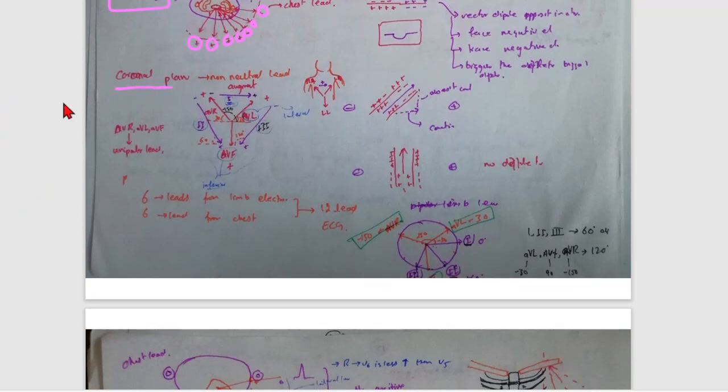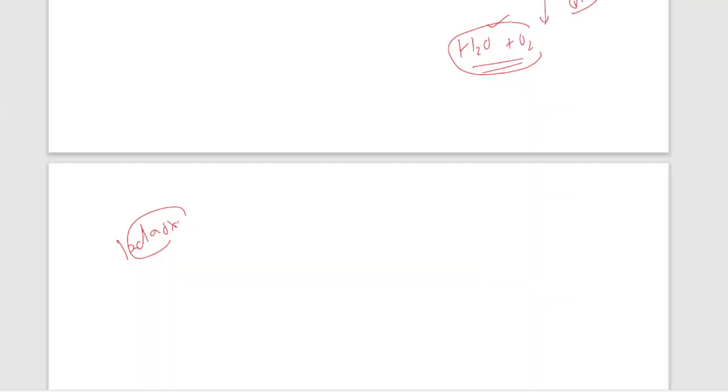Now go to the coronal plane. For example, this is your body. We have already discussed the coronal plane and the transverse plane. This person has their face like this, and they are moving in this direction.